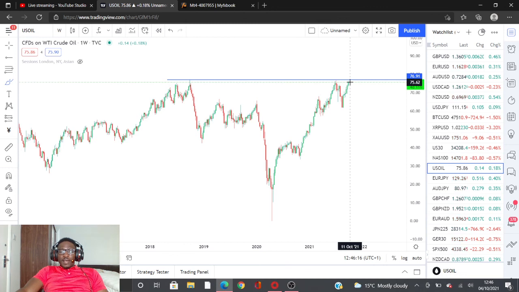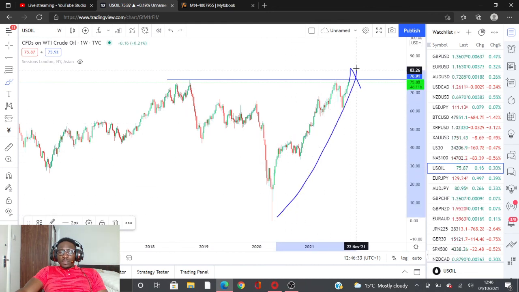But if the market decides to go up and break this level, again, wait, patience. Because when the market breaks a structure level, it doesn't just go up. It will take a breather. You have to factor in that this impulse will need a correction.